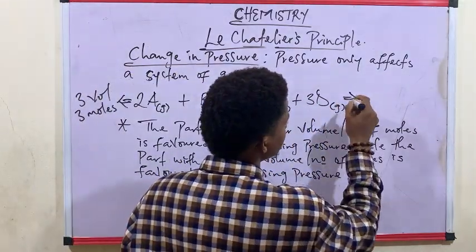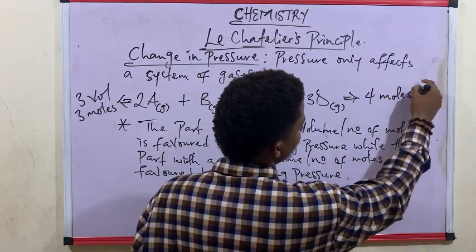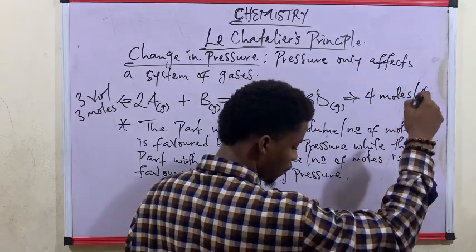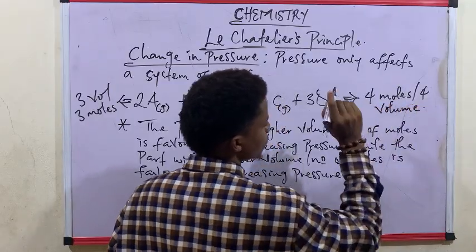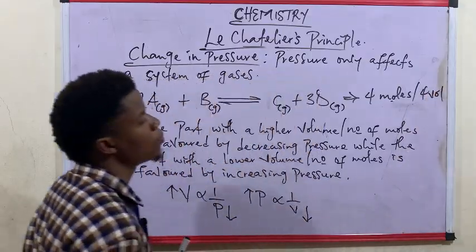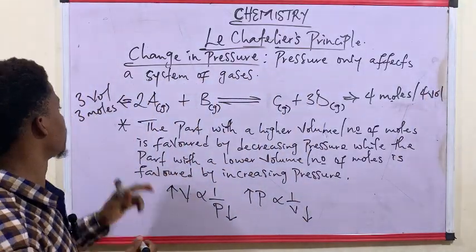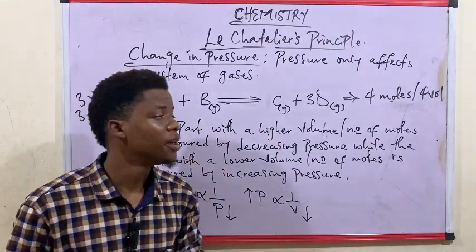So on this side, we have 4 moles, or we say 4 volume.